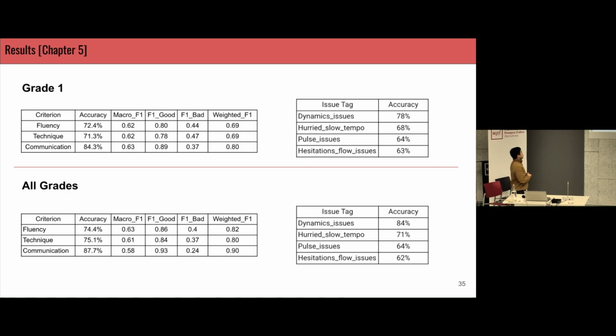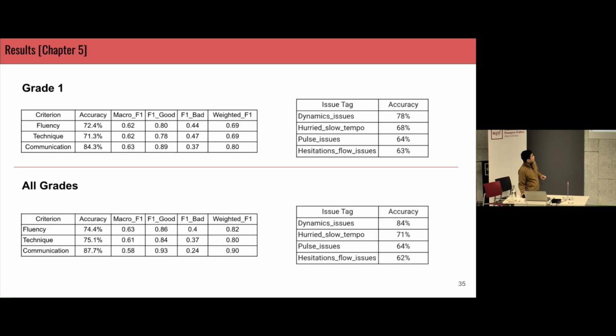As you can see, F1 score for good is generally high compared to F1 for bad, meaning that this model is quite lenient towards the student performance. So even if there is bad performance, the model tends to evaluate the student performance as good.